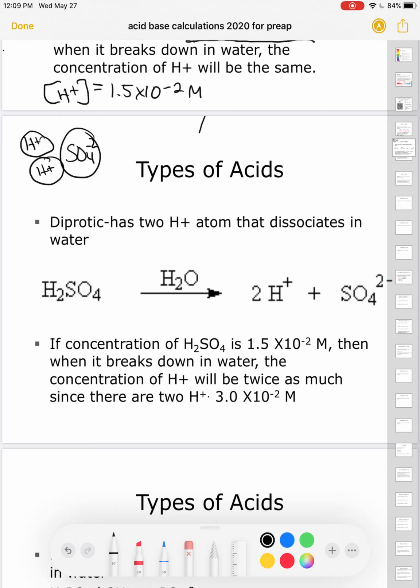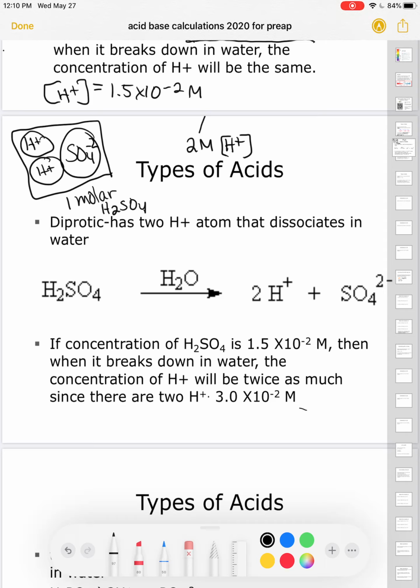When you dissolve sulfuric acid in water, it's actually going to have twice as much acidity, because for every 1 mole of this, so if you have a 1 molar solution of sulfuric acid, when it breaks apart in water, you're going to have 2 molar of H plus, because you get twice as many H's for the number of sulfuric acids that you have.